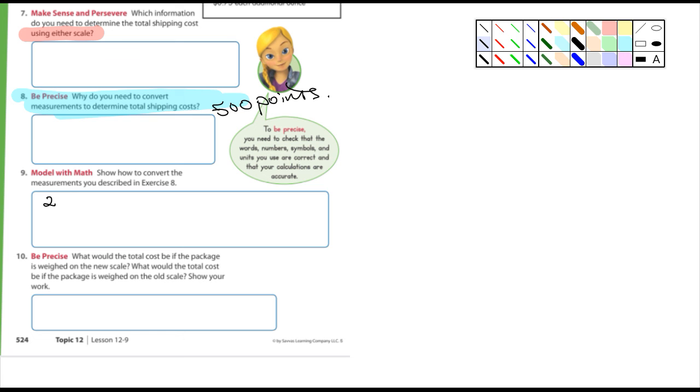So it's going to be 2 pounds, 11 ounces equals so many ounces. Remember, 1 pound equals 16 ounces. That should help you if you didn't have that written down somewhere already.